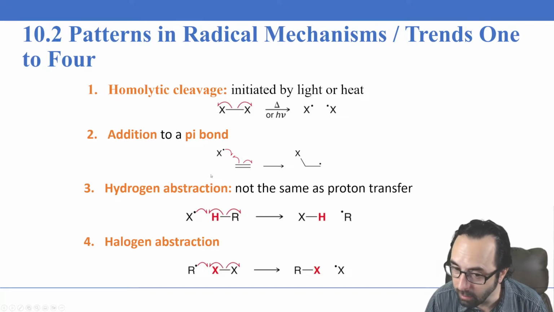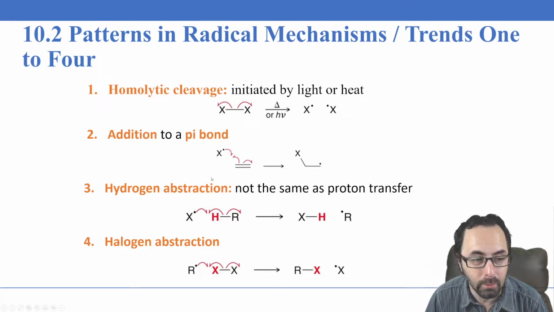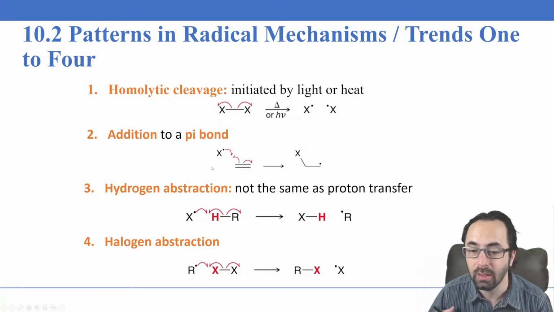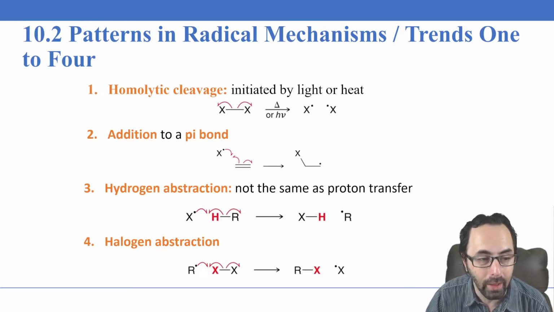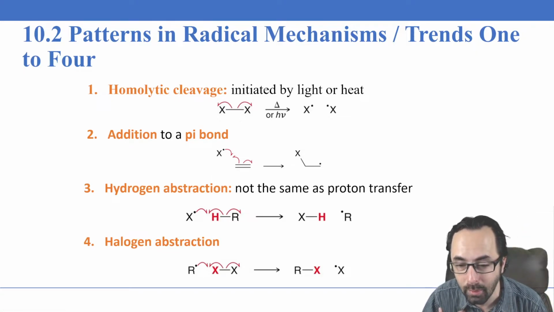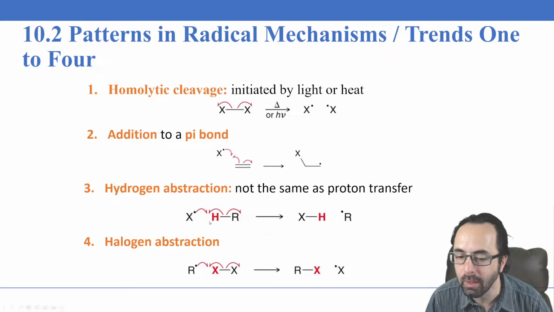So note that this is different from proton transfer, right? In proton transfer, the hydrogen leaves both electrons behind and takes no electrons with it. In this case, that's not true. One electron in the radical goes into making a bond to the hydrogen. One electron in the bond between the hydrogen and the atom it's currently bonded to goes into making that bond.